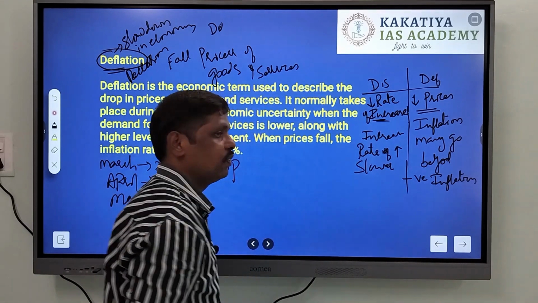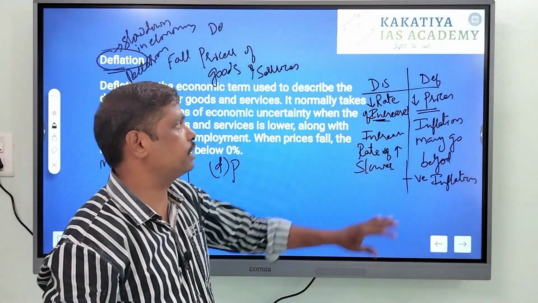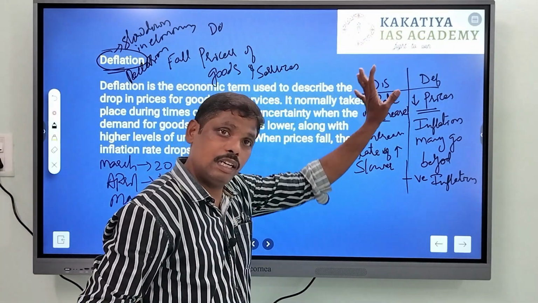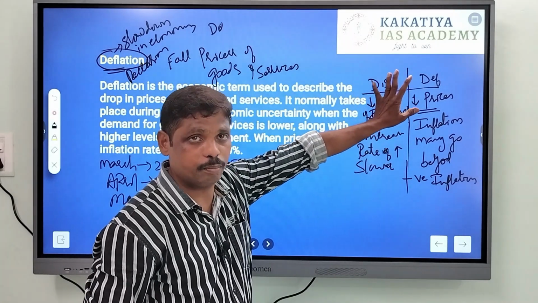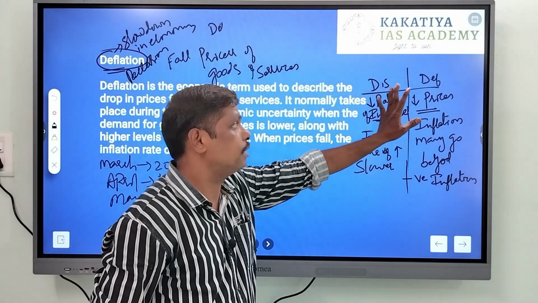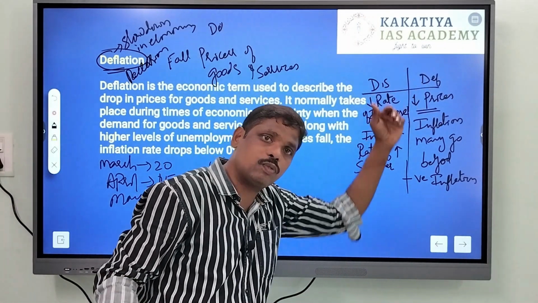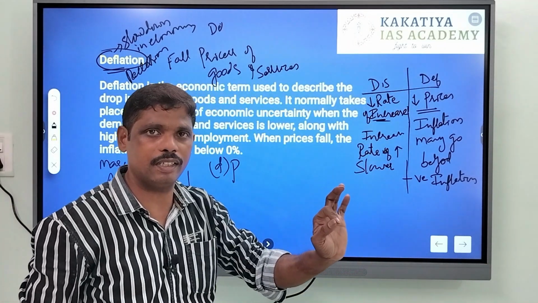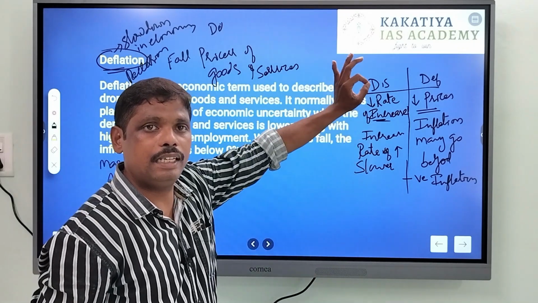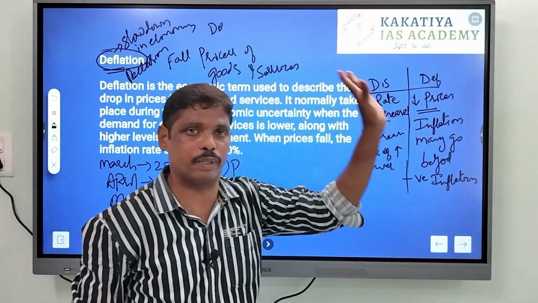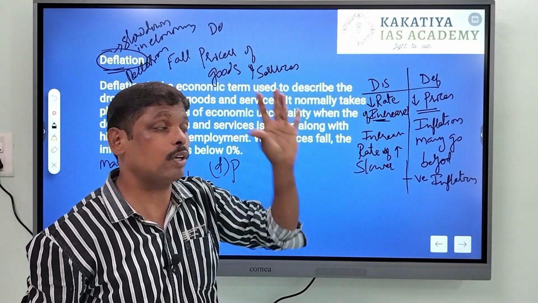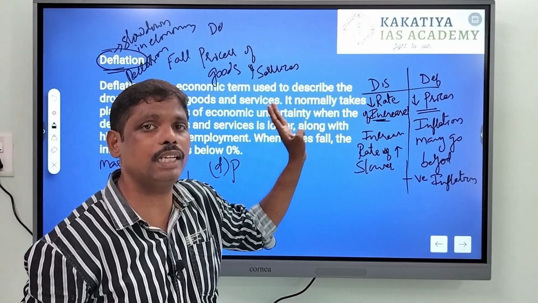That is what disinflation is. Disinflation denotes inflationary trends, but the amount of rise in prices is slower. Whereas deflation denotes a fall in prices. Simple way, in a single line: disinflation denotes an increase in prices, deflation denotes a fall in prices. So this is what you should remember about disinflation and deflation.